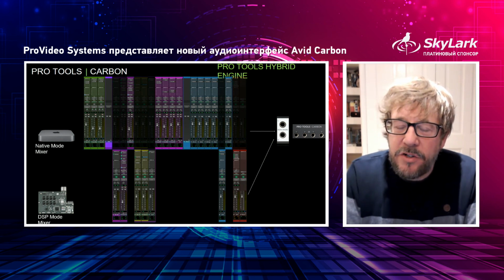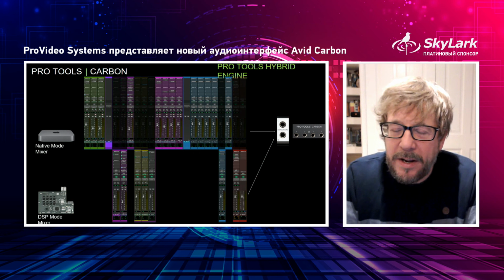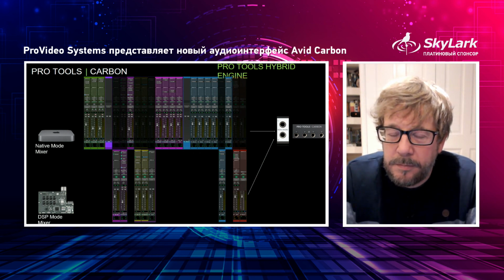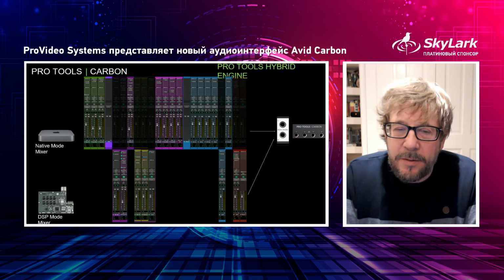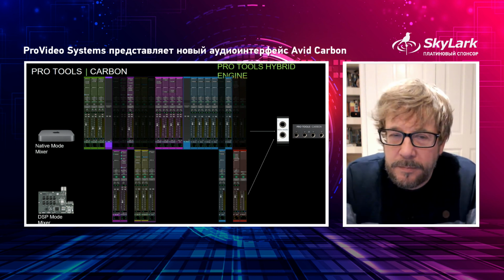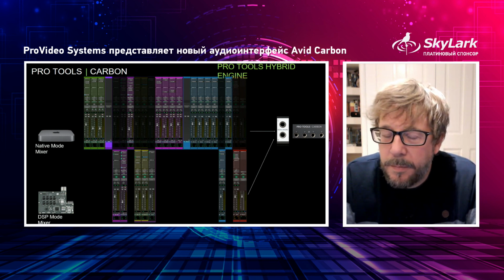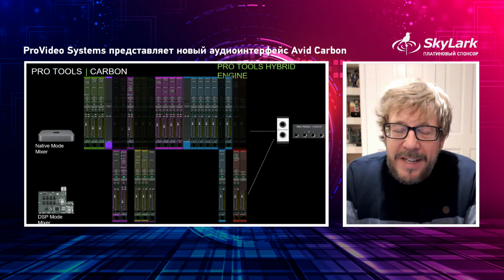And that's what the hybrid engine is all about. It's all about getting the best out of your system. It's also about making it very easy to use.